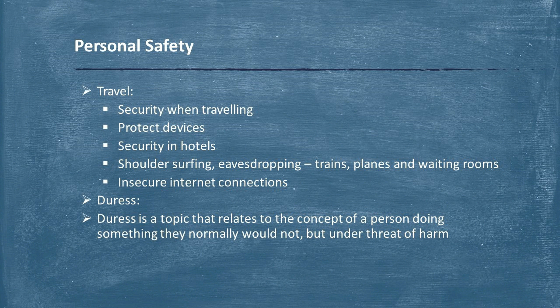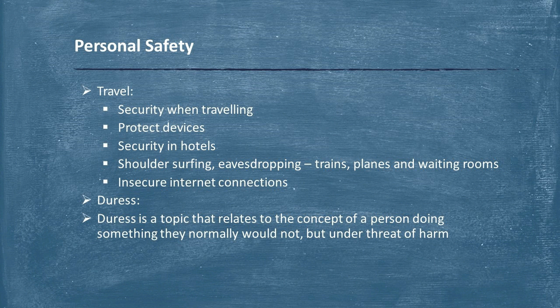While considering personal safety, the safety of people while traveling comes first. Also, when they travel, they carry a lot of assets like a laptop and important documents. They need to protect their devices. And also when they stay in a hotel and they leave, they should not leave their laptops.